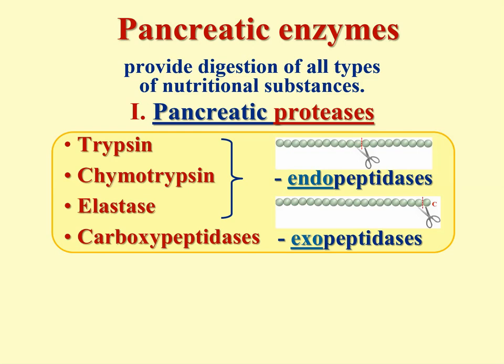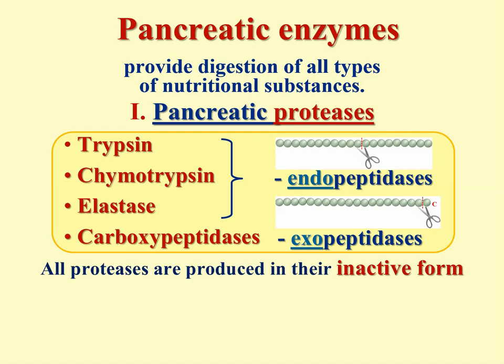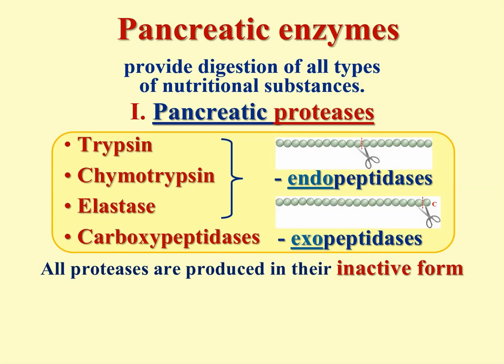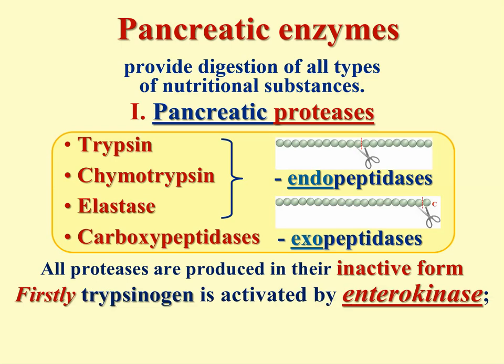All these proteins are released in their inactive state. They are called trypsinogen, chymotrypsinogen, proelastase, and procarboxypeptidases. Otherwise, if they were produced in the active state, they might simply digest the pancreatic gland itself, and they must be activated only when they reach the lumen of the duodenum.